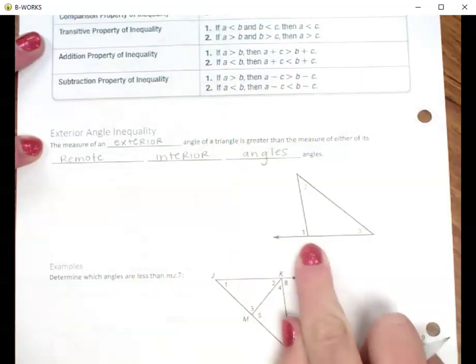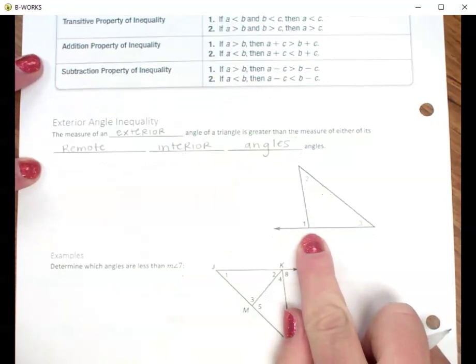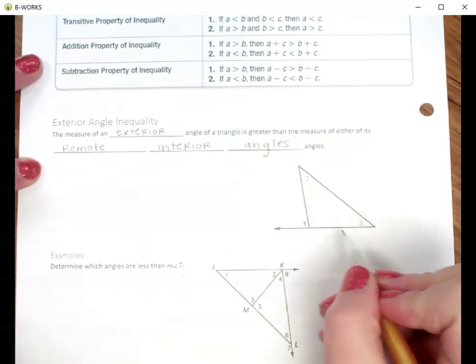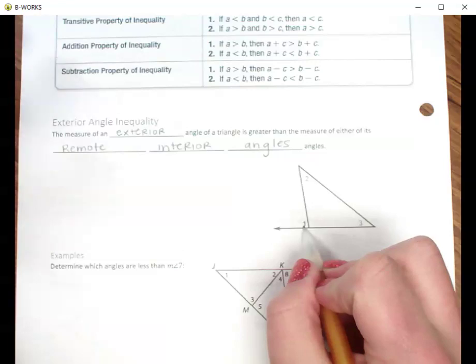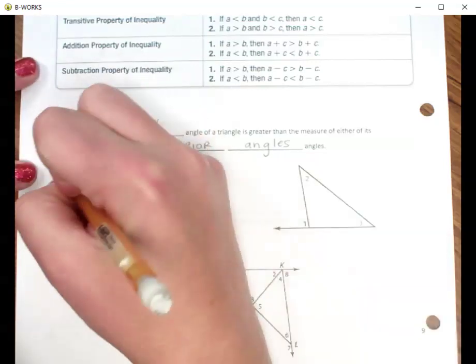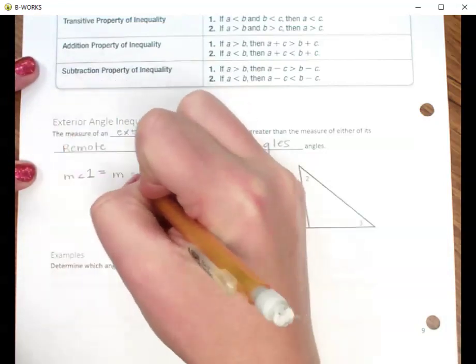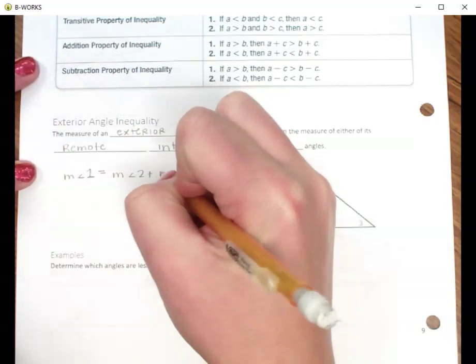So we know from earlier in the chapter, section 2 of chapter 4, that the measure of an exterior angle is the sum of its two remote interior angles.